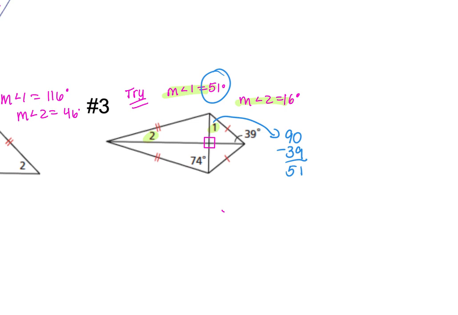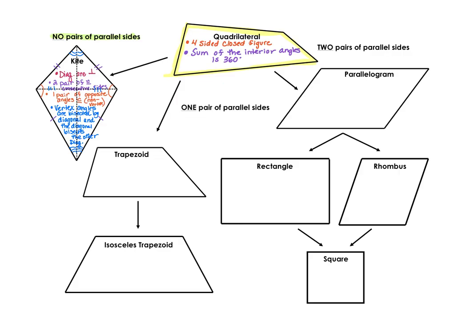To find angle 2, I first have to find this angle here, because I know it's congruent to angle 2. I know that this is a right triangle, so therefore this angle is going to be 90 minus 74, which is 16 degrees. So if this is 16 degrees, so then is this.